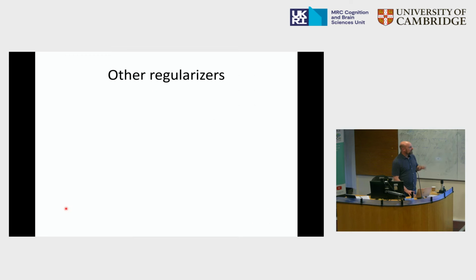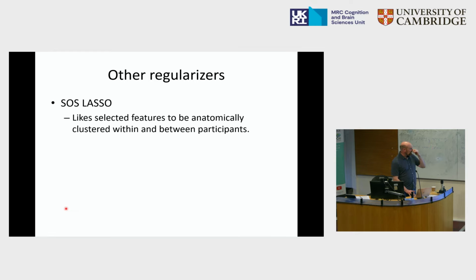So I'm not going to go into any of these, but I'll just mention lasso is super easy. There are some other drawbacks to it. We've been exploring more sophisticated regularizers. The SOS lasso is something that prefers solutions that are anatomically clustered in similar ways across people.